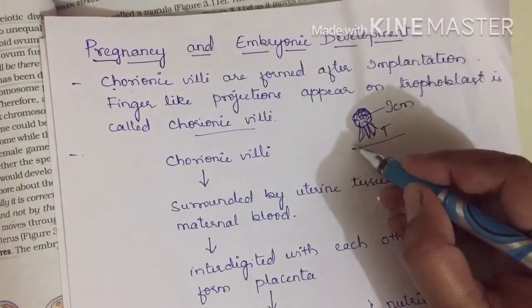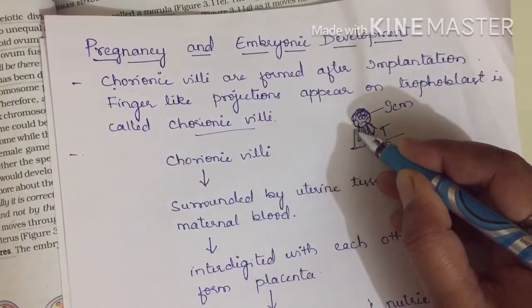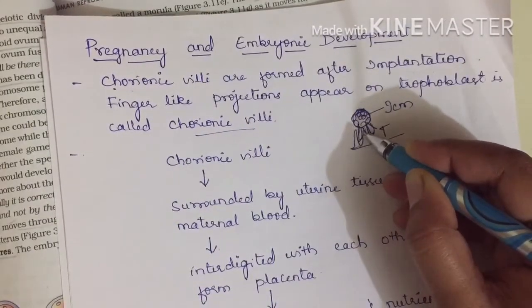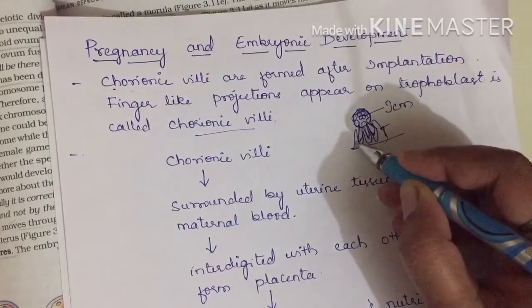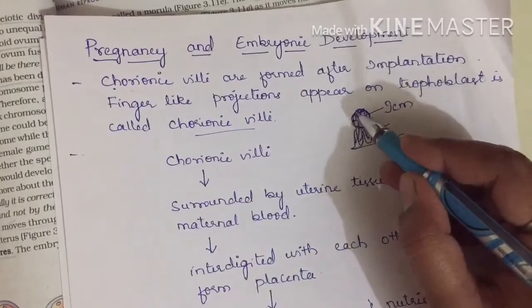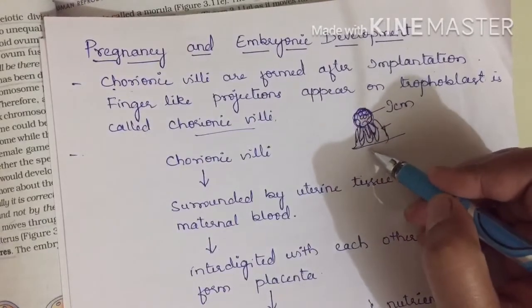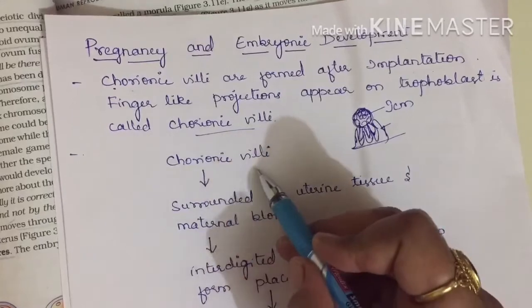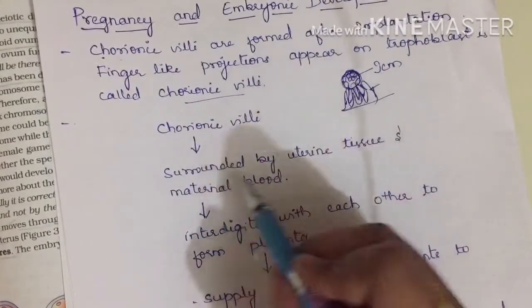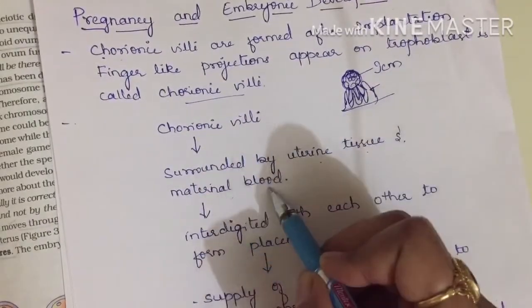The uterine wall also starts to form some finger-like projections, with the maternal blood, and the maternal tissue will form something like this, so that the blastocyst gets attached to the uterine wall. Here, as I have shown, the chorionic villi are surrounded by uterine tissue and maternal blood.